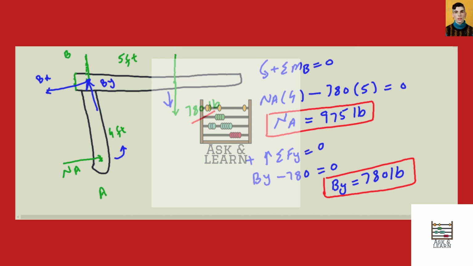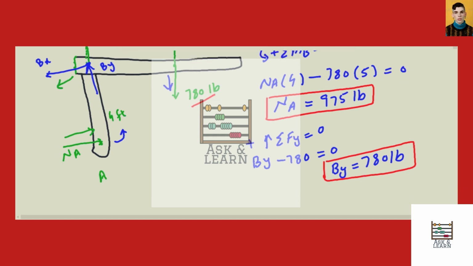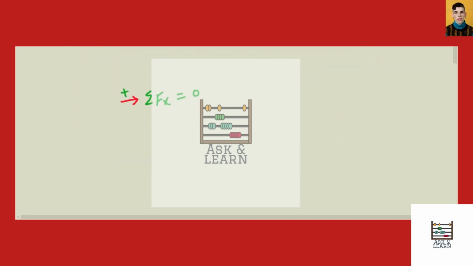So we have 975. In the x direction, we have only this normal force, which acts opposite to this Bx force.